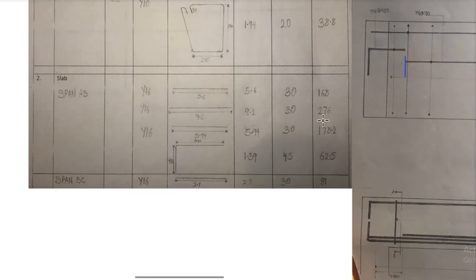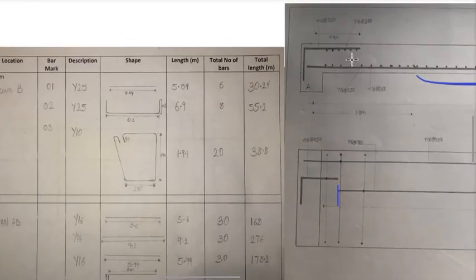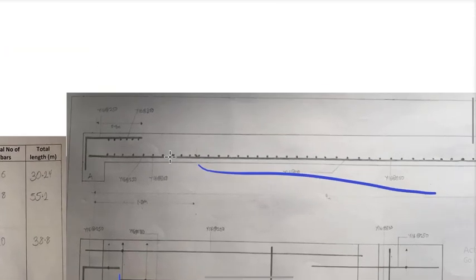And then this one here is, I don't know what to call it, like a hook to hold it at the support. But there are some cases where we have this stuff here as this, in most cases.